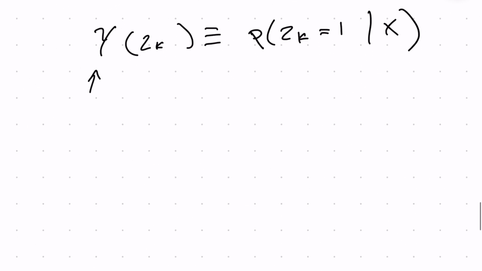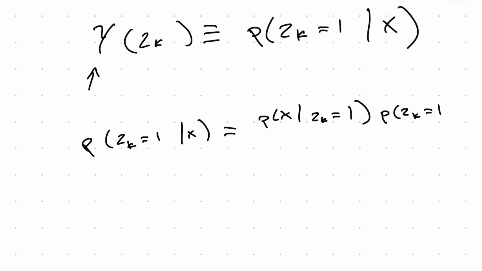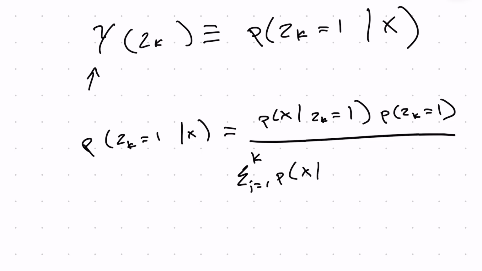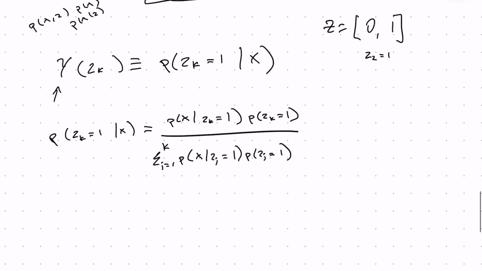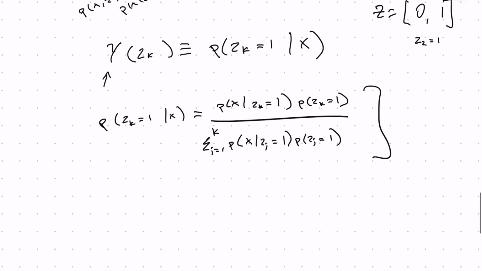Okie doke. So I said Bayes' rule, that's basically what's going on here. We know how to do this. We just defined how that works. And we also just defined how this works, which is very nice. It's a similar idea down here, just summing over all the classes. So this is Bayes' rule, and this tells you how to compute that. And we know how to compute this, which is great.